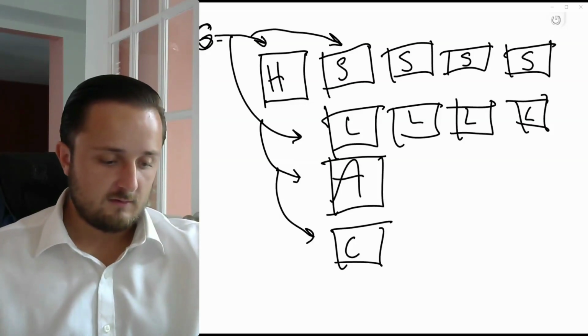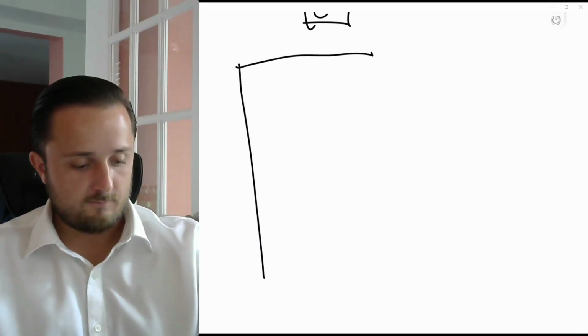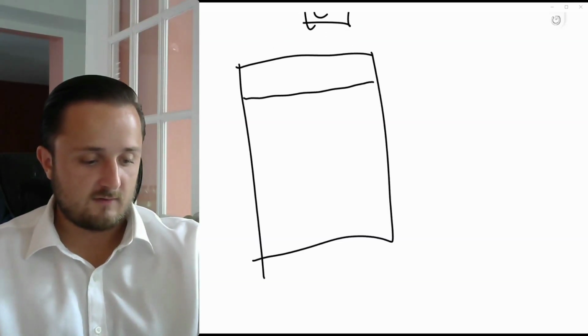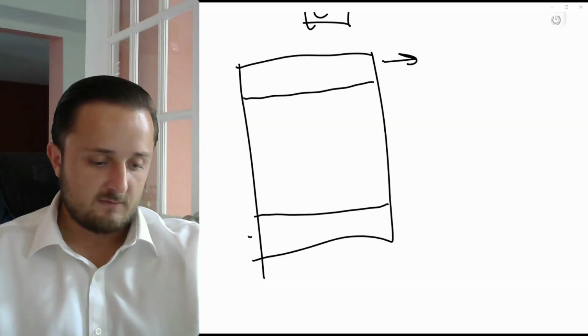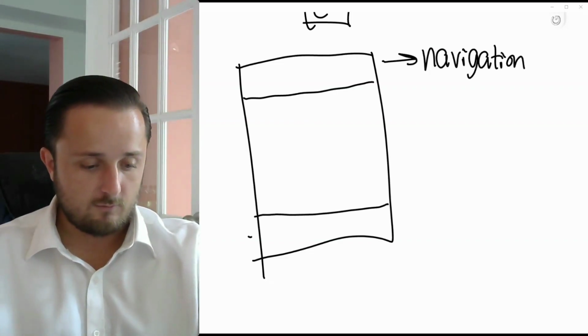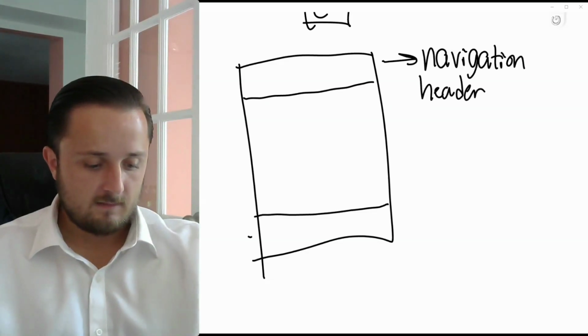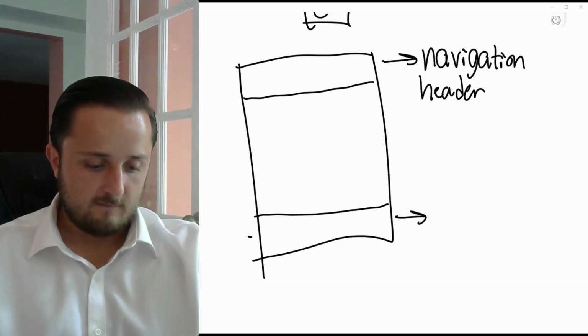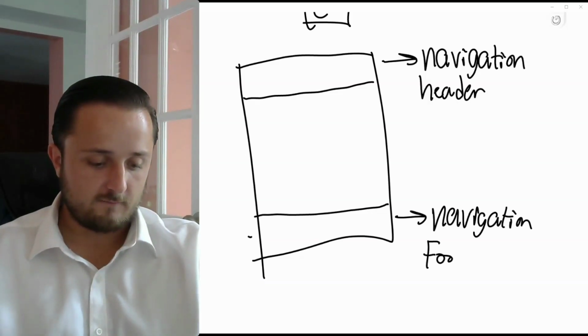What does that mean? If we were to take an example, this is your home page, right? You've got the top of the page and you've got the bottom of the page. So this is the navigation, or sometimes called the header. Then this can also be considered navigation, or also called the footer.